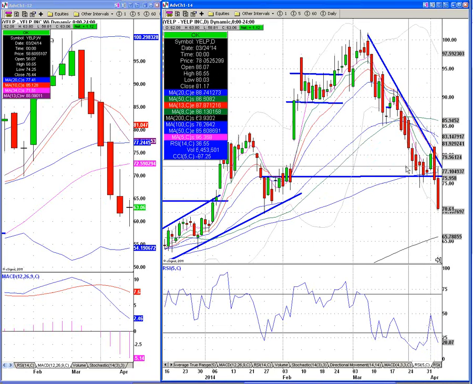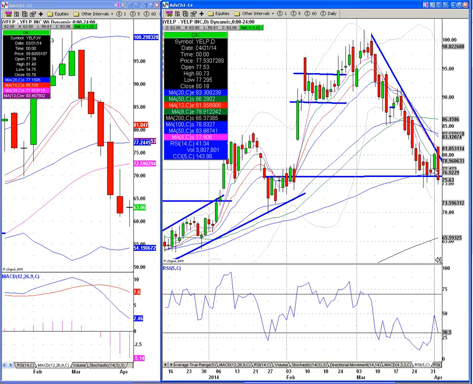We took a short in the name right here around $77, I think, when it took out the low for the outside reversal pattern for a swing short. It had already tested this blue moving average, which was the 100-day, multiple times. So this was a signal that it probably wasn't going to hold it for the third or fourth test, and that it could potentially break down.